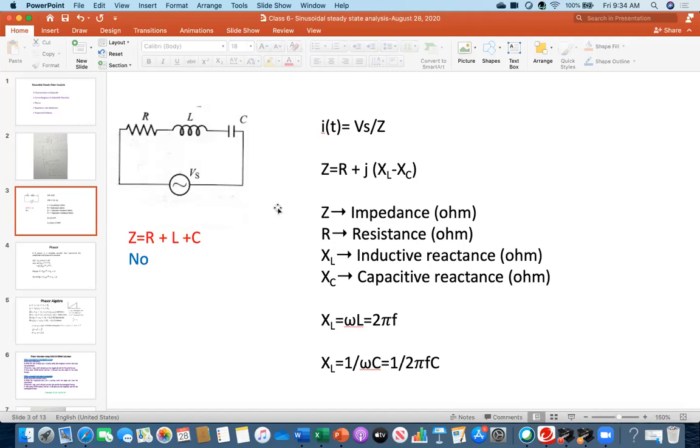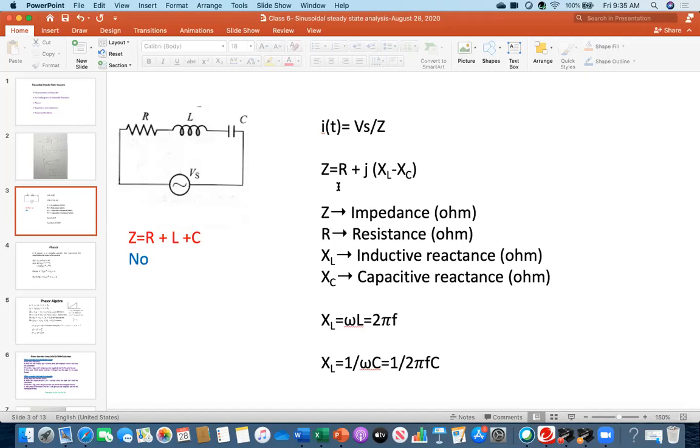Therefore, in case of the DC circuit, you only use the term resistance and the term conductance, G equal to 1 over R. In case of parallel DC circuit, you use the symbol conductance, the unit was mho. But from today, in addition to resistance, we are looking at two new terms that come from L and C: inductive reactance and capacitive reactance.